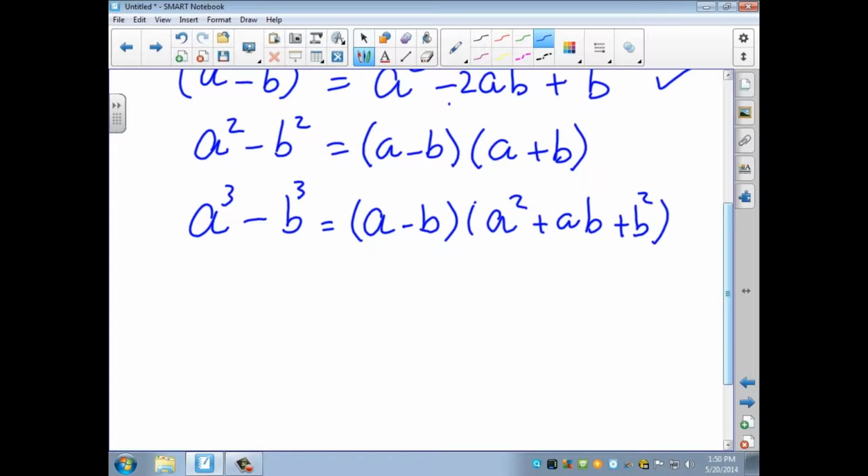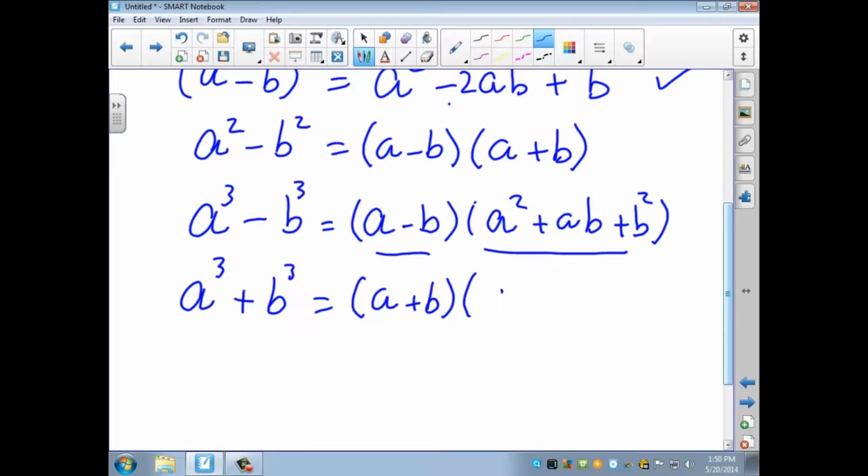So if I multiply these two parentheses together, I would get a to the third minus b to the third. If I have the summation of two cubes, a to the third plus b to the third, that would be equal to a plus b times a squared minus ab plus b squared.